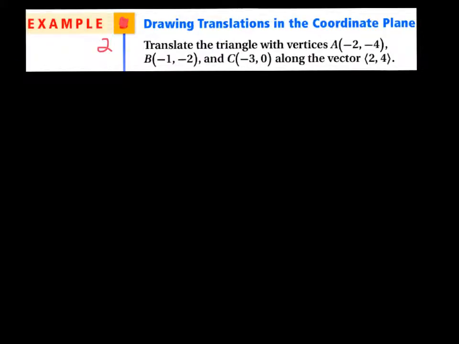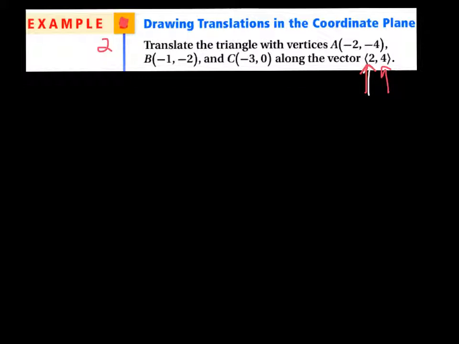Looking at example 2. Translate the triangle with vertices A, B, and C, and you can see the ordered pairs, along the vector 2, 4. As you remember, the first value of the vector represents your horizontal change. The second number in the vector represents the vertical change.